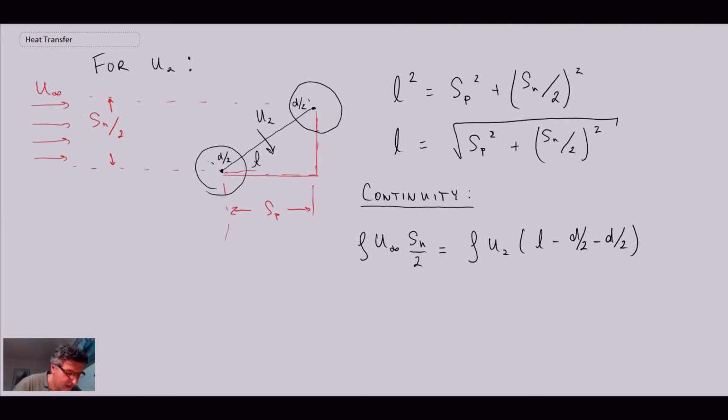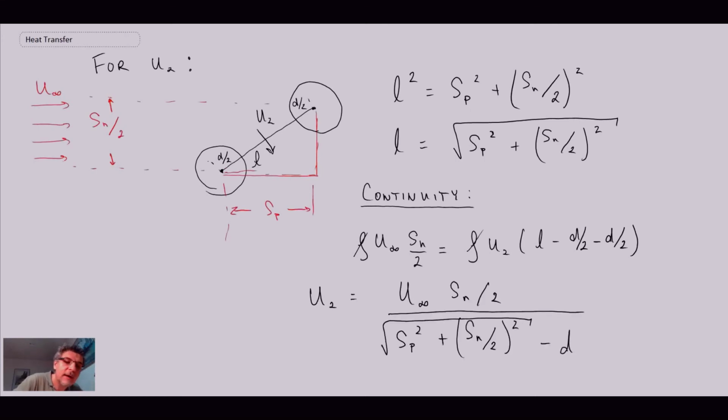And so with that, we can go through canceling out the density and rearranging our terms. We end up with the following expression. Okay, so we obtain that for U2, a little bit more complex than what we saw for U1.